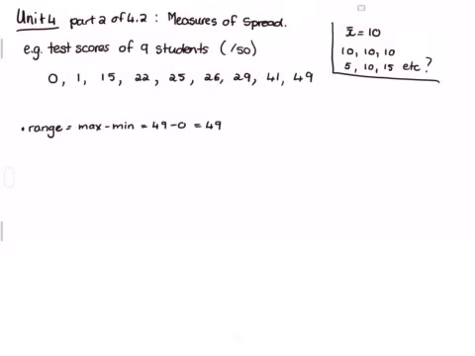But we still don't know too much about them. We don't know if they were evenly spread across the 49 or how they are spread. So we prefer to break it up into quarters.